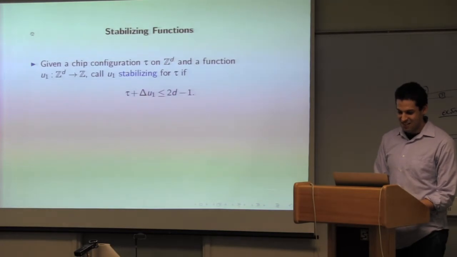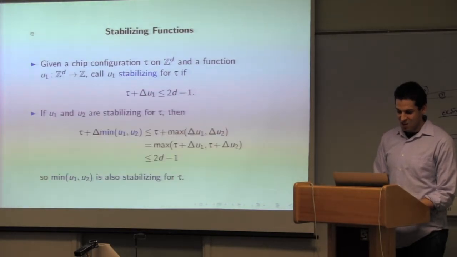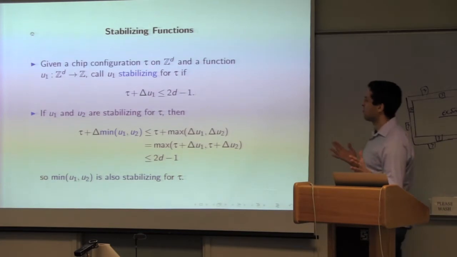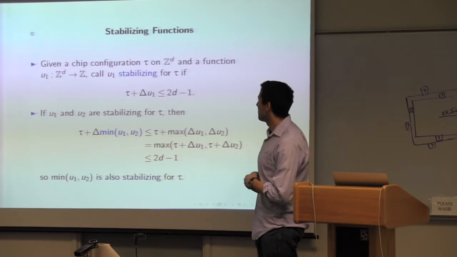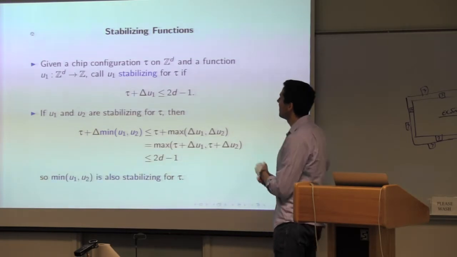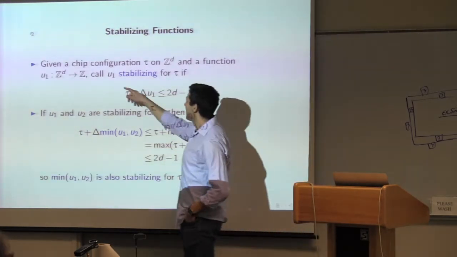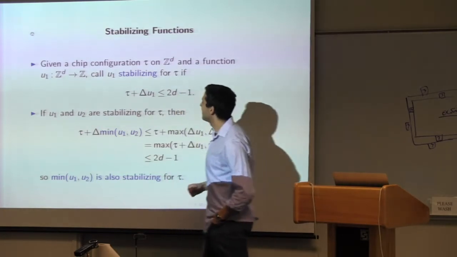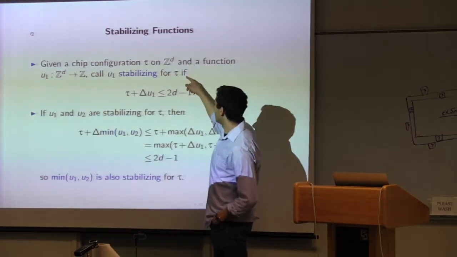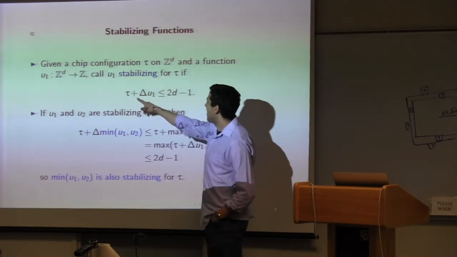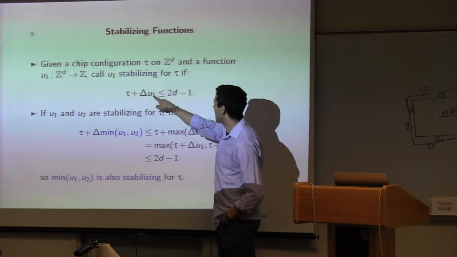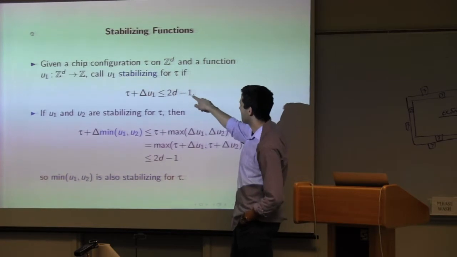And what that suggests is we could forget about the dynamics for a moment and just ask for what we call stabilizing functions. So you think of this function u1, an integer valued function on the lattice, and we'll call it stabilizing for a particular initial configuration tau if, when we take tau and add the discrete Laplacian of u1, we get a function that's pointwise at most 2d minus 1.